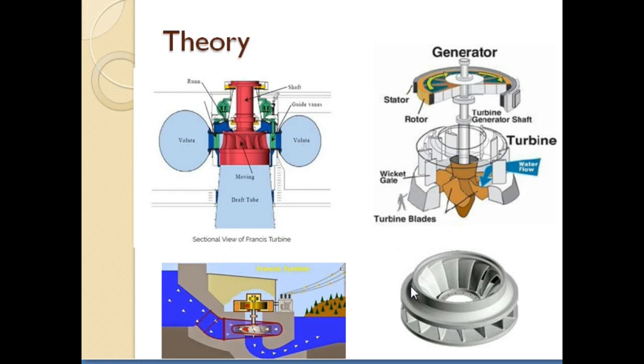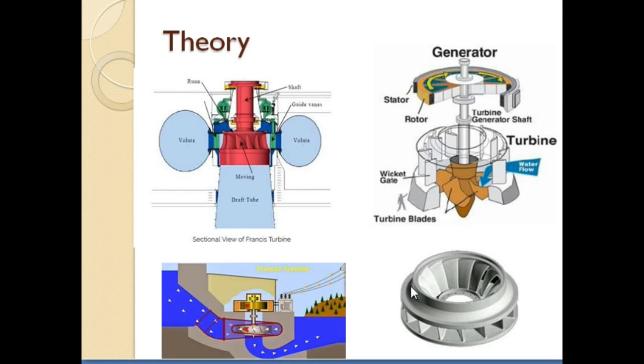That energy is extracted by the runner and transferred to the generator through the shaft. So this is called a reaction turbine. When the pressure energy is extracted on the surface of the blades, that is called a reaction turbine. In the case of an impulse turbine, kinetic energy is generally extracted at the blades.